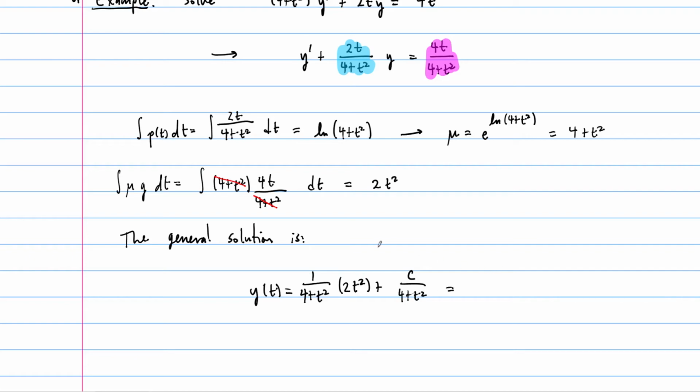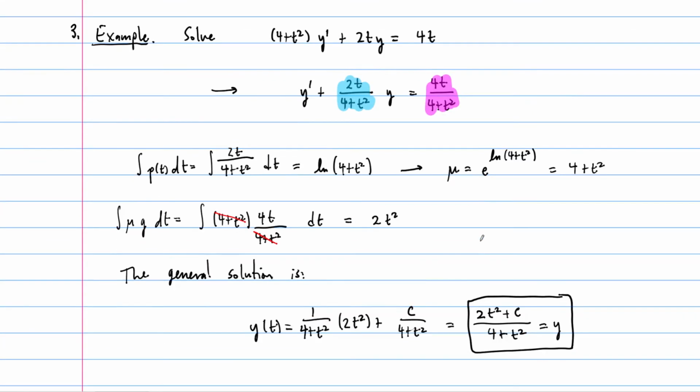And so this can all be combined in this case to be just 2t squared plus c over 4 plus t squared. All right, and so this is equal to y. This is our general solution of that first linear equation example right here.